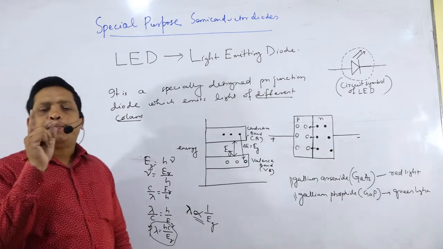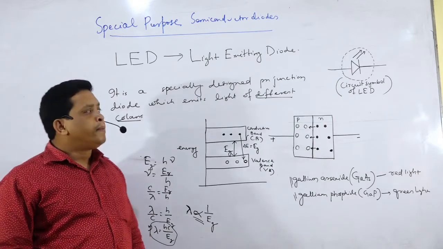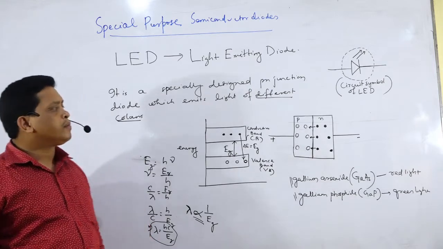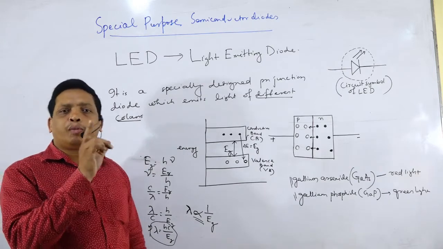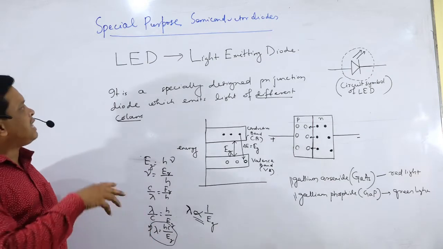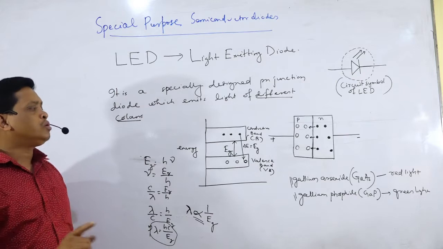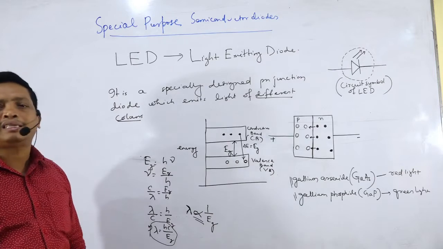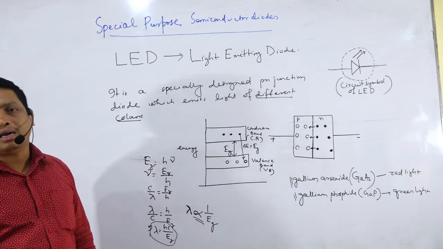Secondly, a photodiode is operated under reverse biasing condition, but LEDs are operated under forward biasing condition. Then third thing, while designing photodiode, we make use of silicon and germanium, but while designing LEDs, we do not use silicon and germanium. We use some other compounds such as gallium arsenide, gallium phosphide, etc. to produce LEDs of different colors.